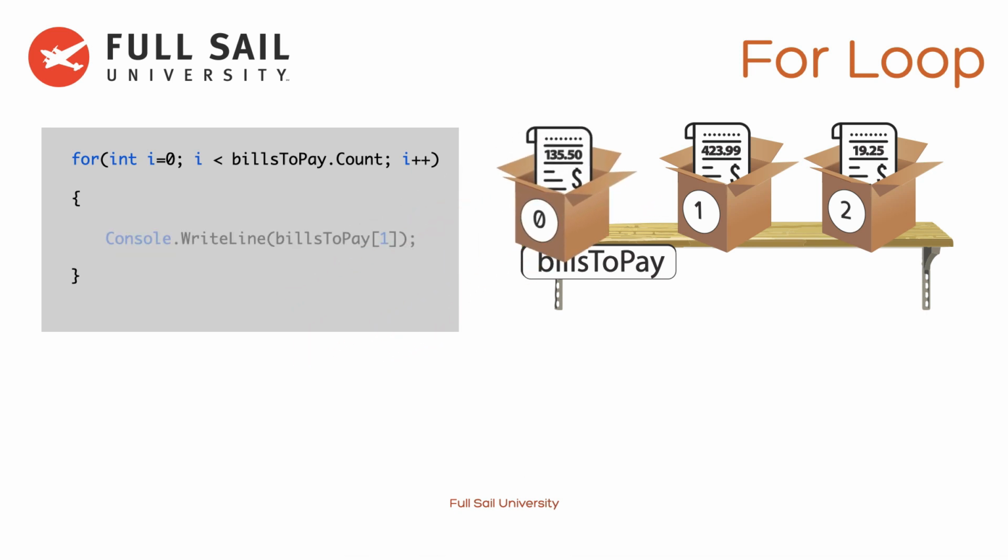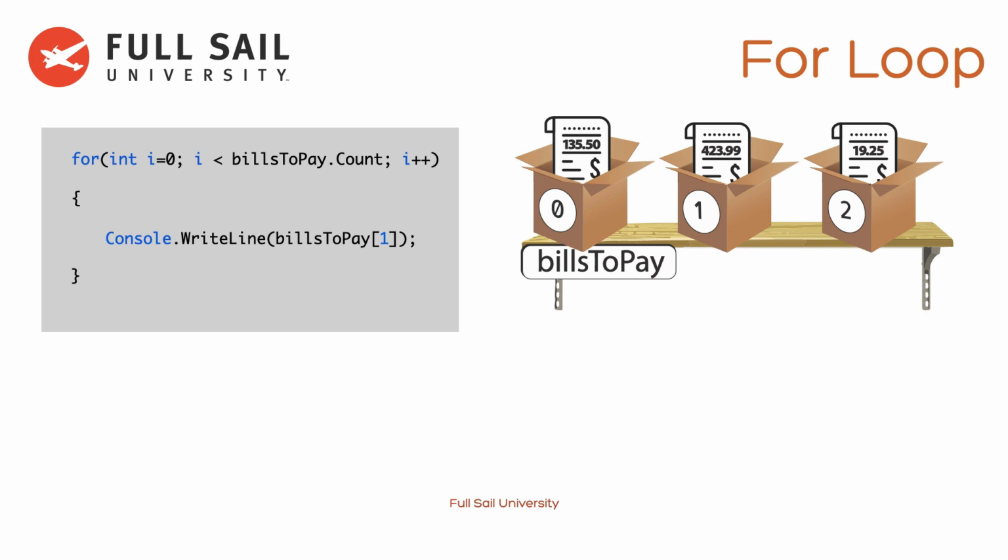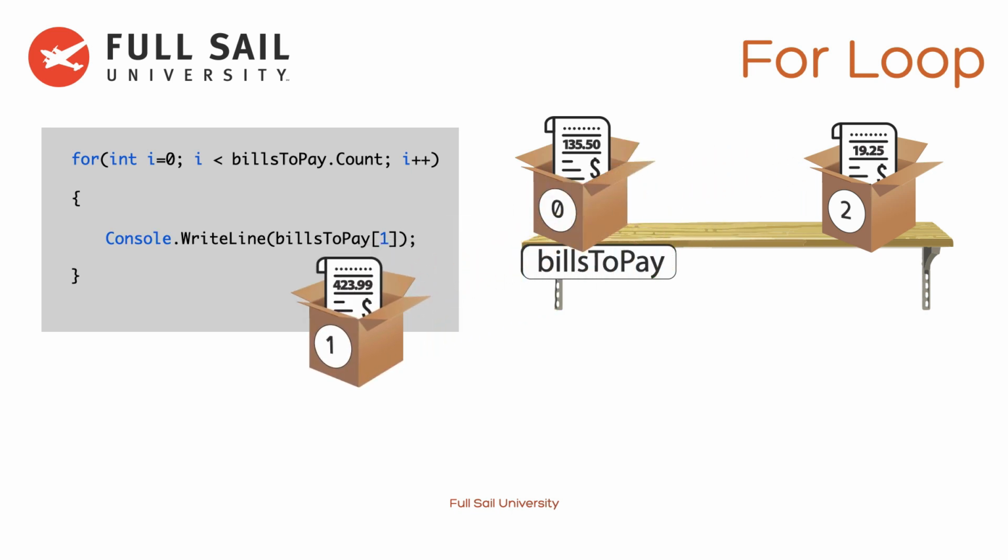Now, the next time this loops, the i++ makes the i value 1, and then our Console.WriteLine, billsToPay square brackets of 1, is going to be the actual second box in our list. So we're going to be dealing with that value. So it's going to write line out $423.99. We come to the closing curly brackets.